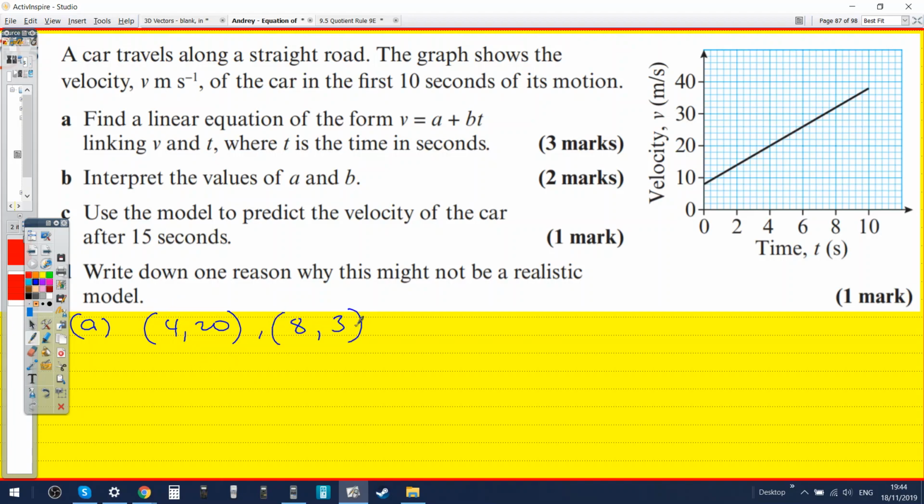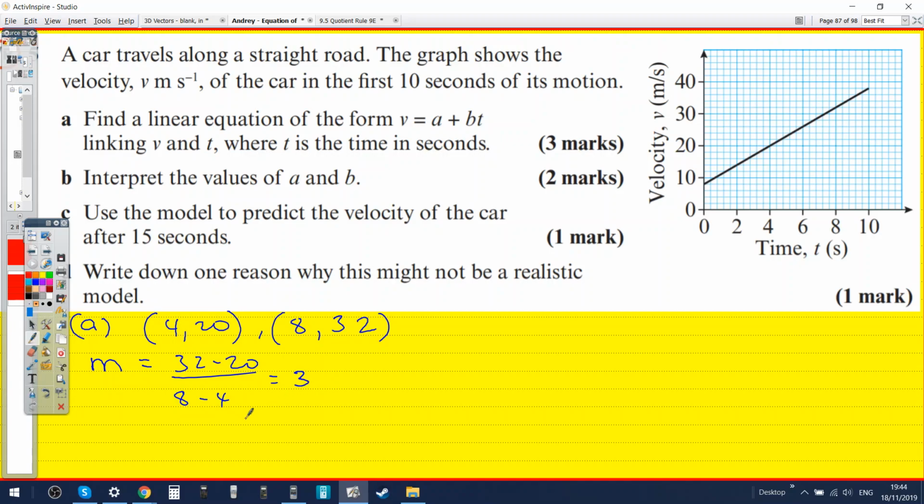And then do I then just do 32 minus 20 over 8 minus 4, which is 12 over 4? I think that's just equals to 3.